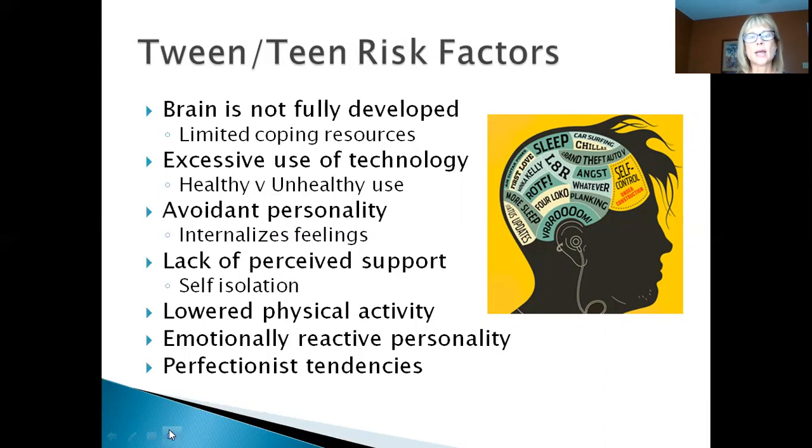One of the reasons is that their brain is not fully developed until at least about 25 years of age. What that means is they naturally have limited coping resources, and that just has to do with the general structure of their brain. Even though a teenager may look like an adult, they do not think like adults, and it's important to remember that.